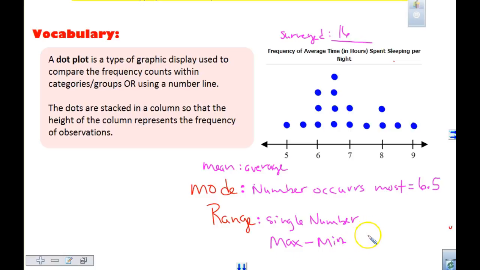So in our case, our maximum is 9, our minimum is 5, and we would say that our range is 4. That's just telling us from the bottom number to the top, there are 4 like units there. It's not saying that we can't have these decimal ones that people had, how much they slept. So we have mean, mode, range.